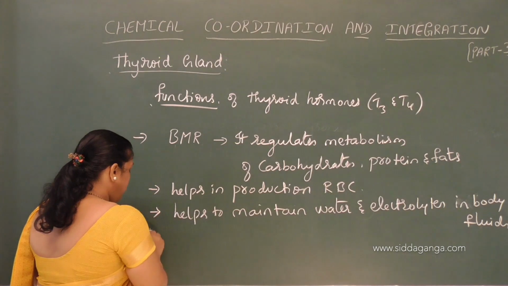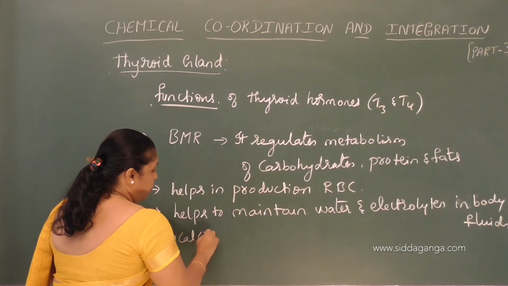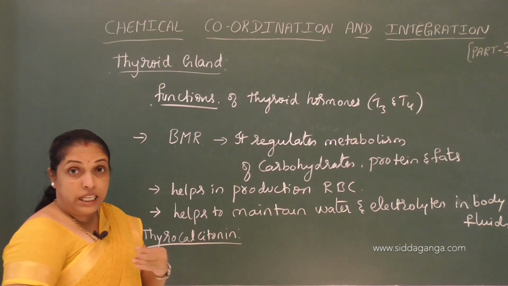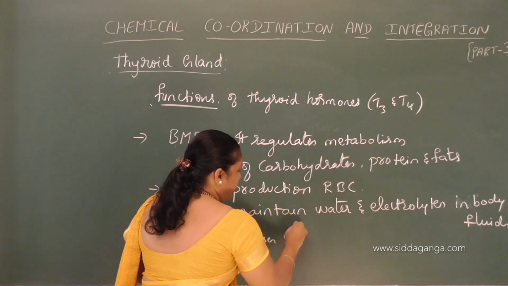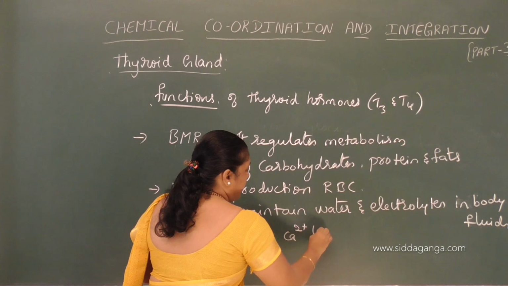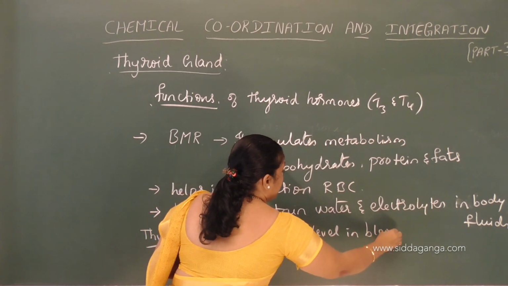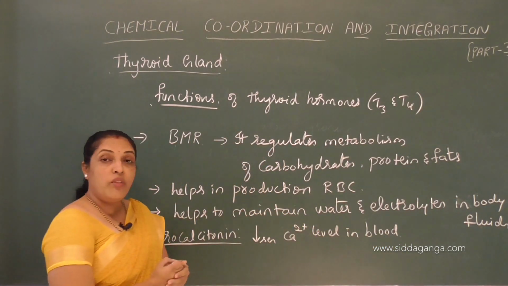Whereas thyrocalcitonin decreases calcium level in blood. How does it decrease calcium level in blood?